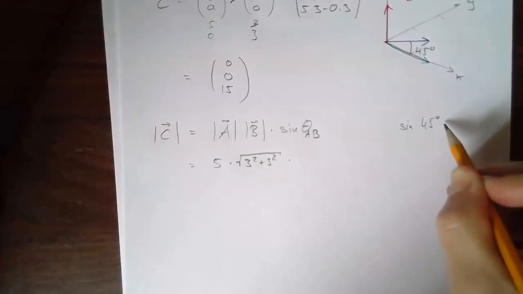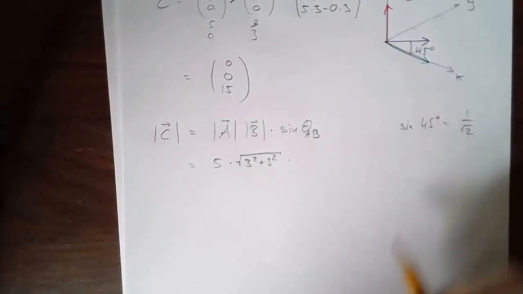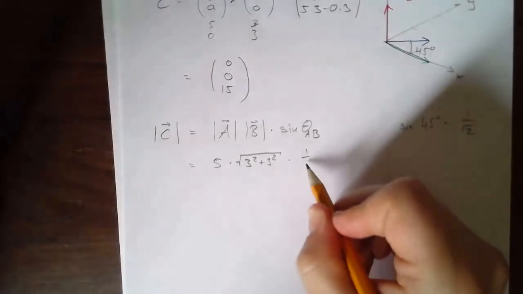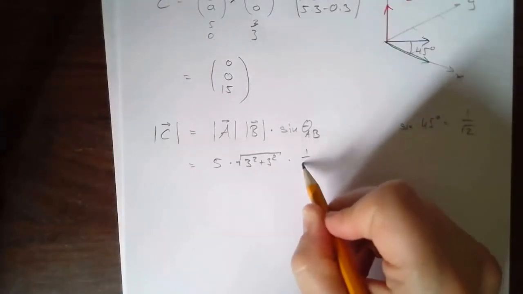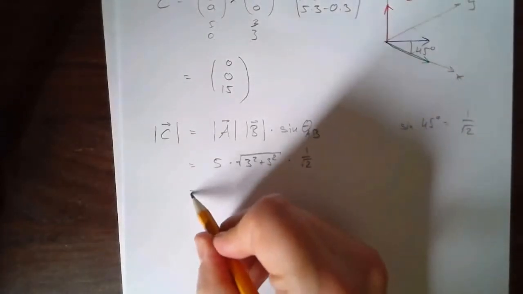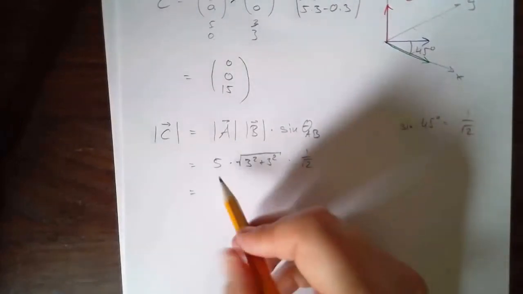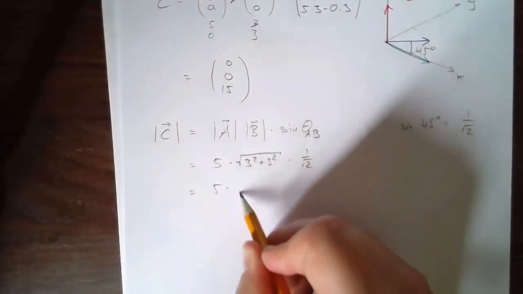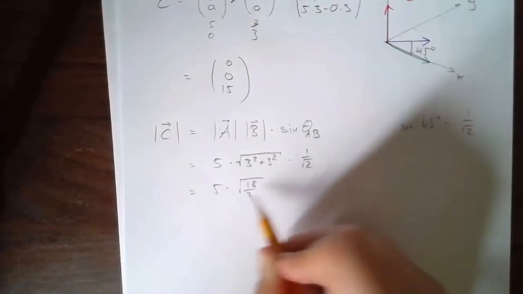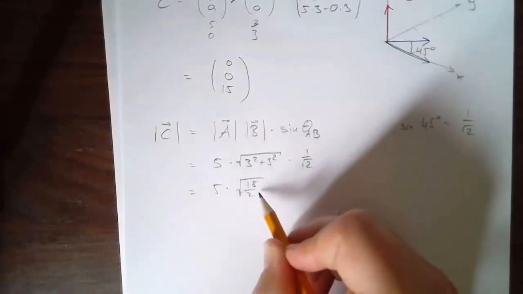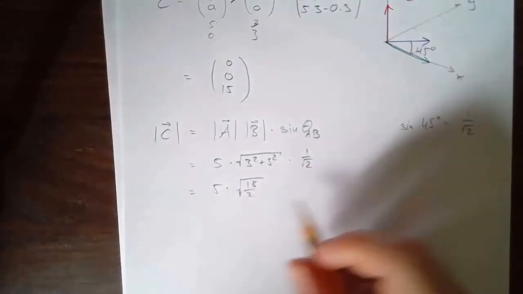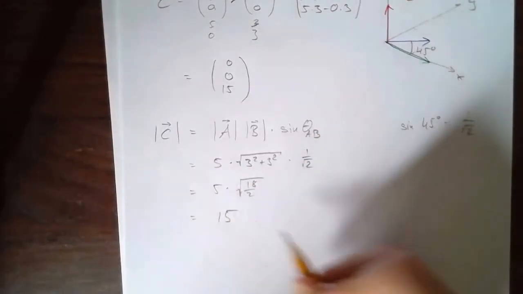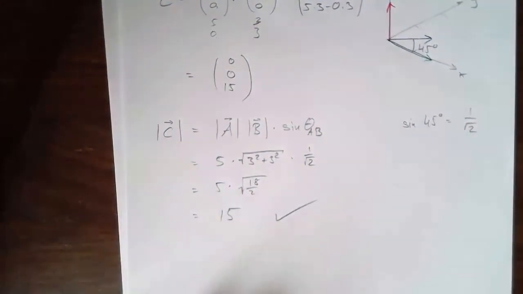Sine of 45 degrees is 1 over root 2 times 1 over root 2. Now you can do the math here. You combine the square root. You're going to get 5 times the square root of 18 over 2, which of course is nothing but the square root of 9, which brings me back to 3. So this is indeed 15, like what we found before.